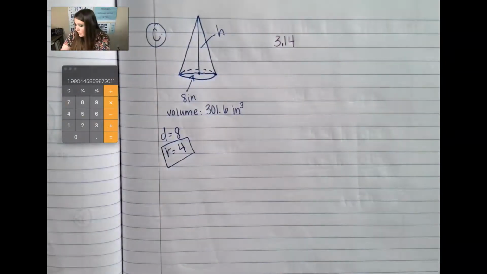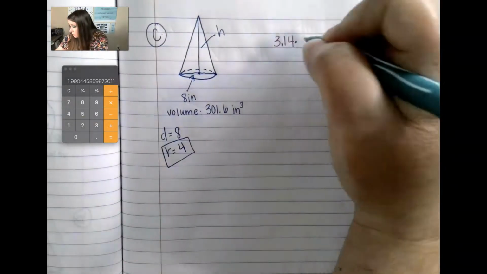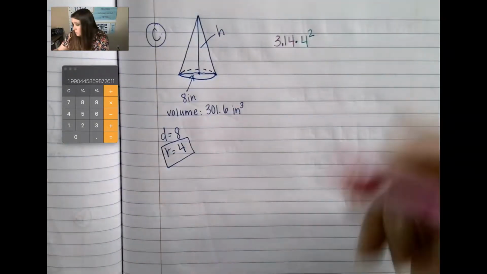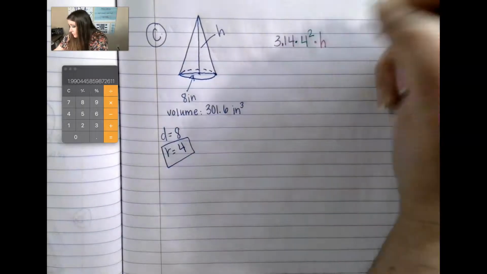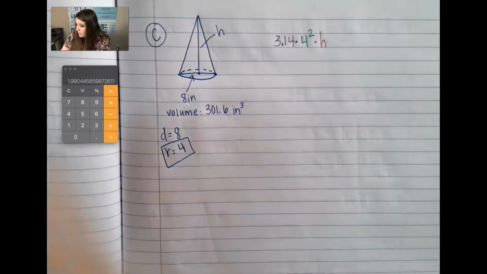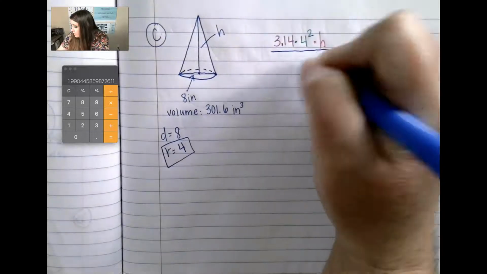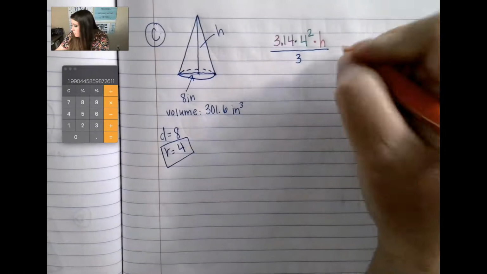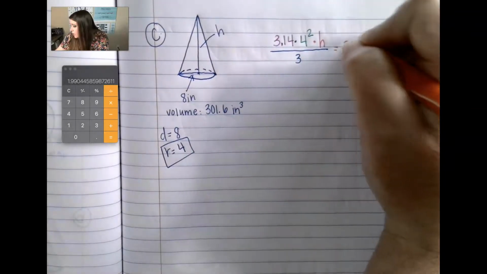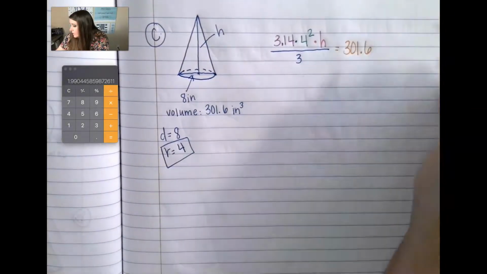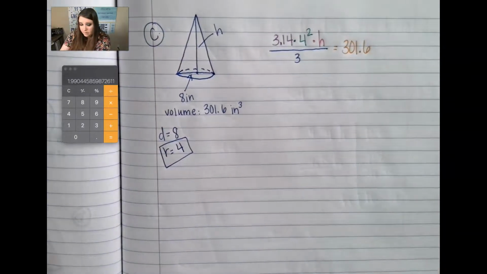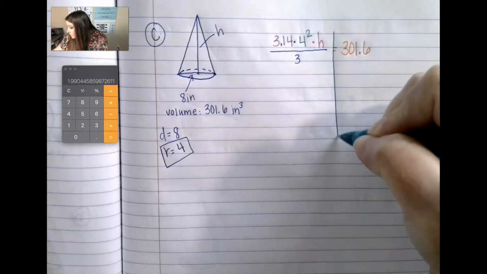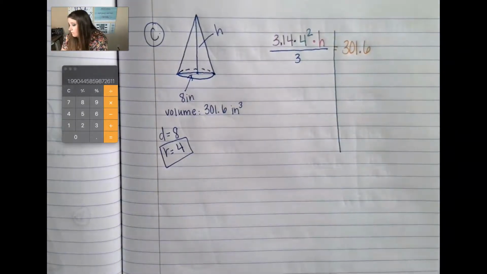We know that our radius now is 4, so we're going to multiply that by 4 squared. And we still don't know the height of our hat. Our job is to find the hat height by dividing this by 3. And we know that our volume is 301.6 inches. All right, so we're going to go ahead and now solve for the height by isolating that variable.